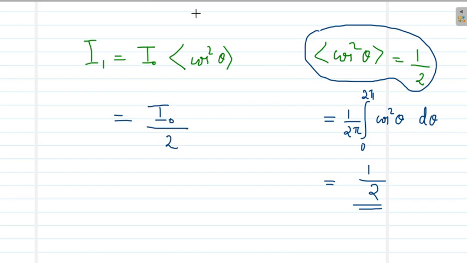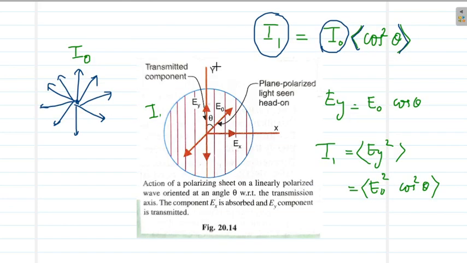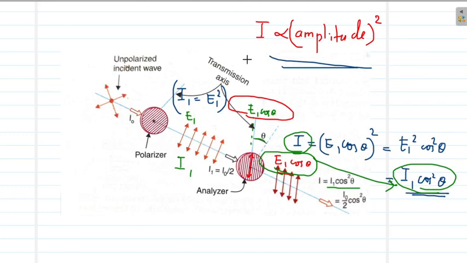So this is how an unpolarized light will behave upon transmission through a polarizer. So let us summarize what we have learned here. When an unpolarized light hits on a polarizer, each of the electric field component will be obeying the Malus law, and as a result, to find the intensity of the transmitted light I1, it will be I0 into average of cos square theta.